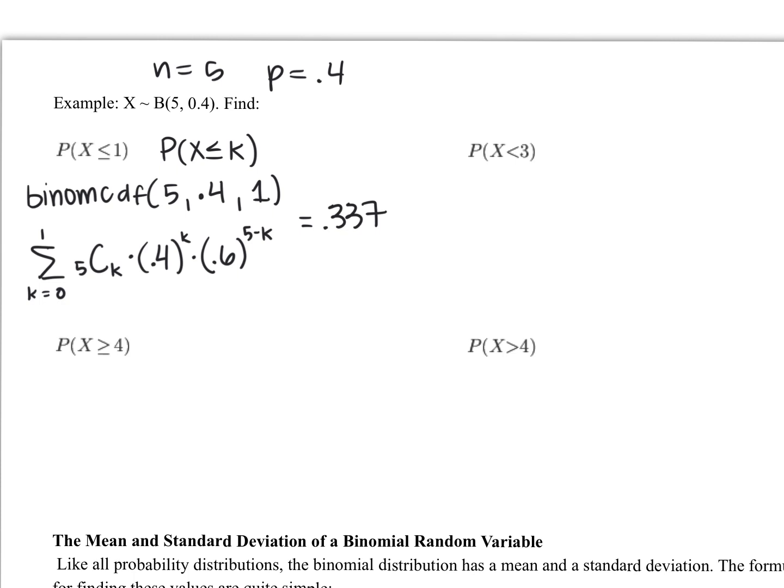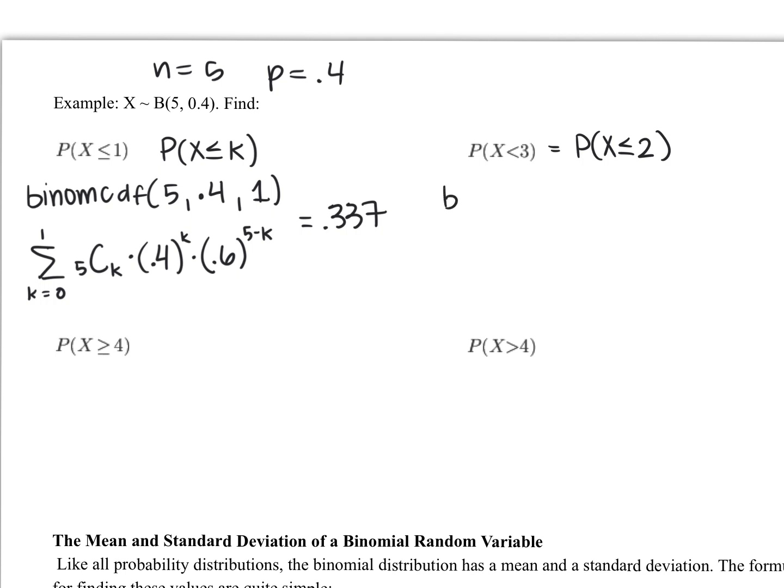Next, we're going to look at the probability x is less than 3. Now, I can't go straight to using binom CDF because it's not of the less than or equal to form. Anything less than 3 is the same thing as everything less than or equal to 2, because everything less than 3 is 0, 1, and 2, and everything less than or equal to 2 is 0, 1, and 2.